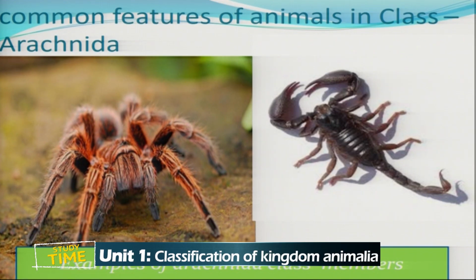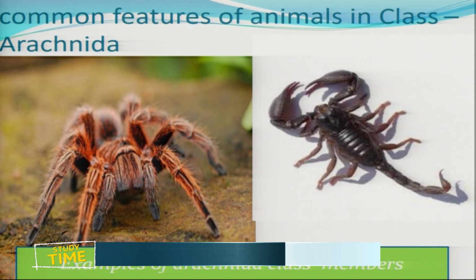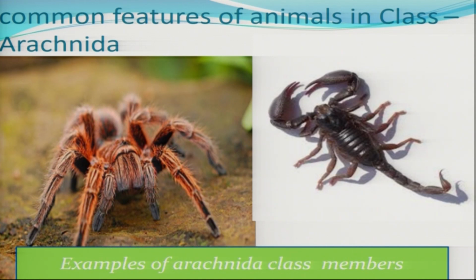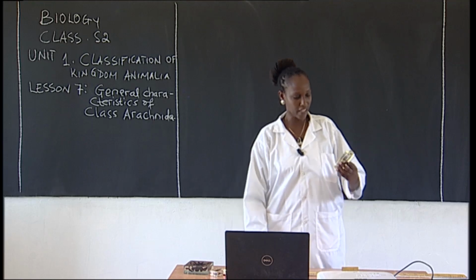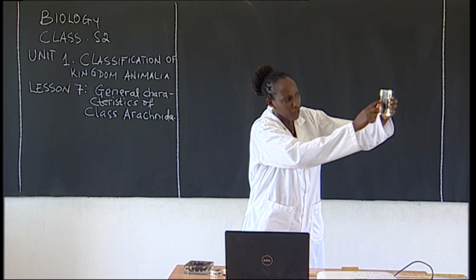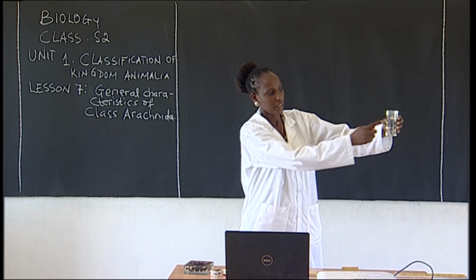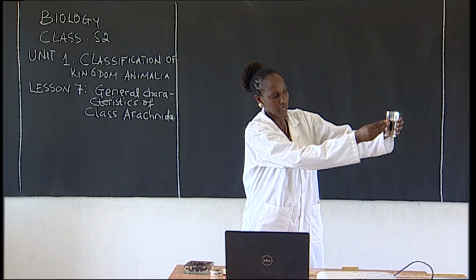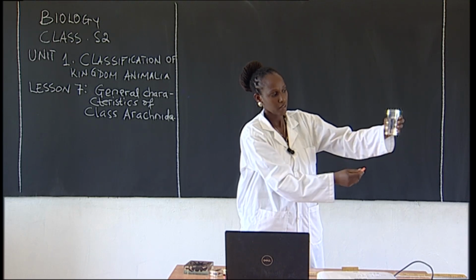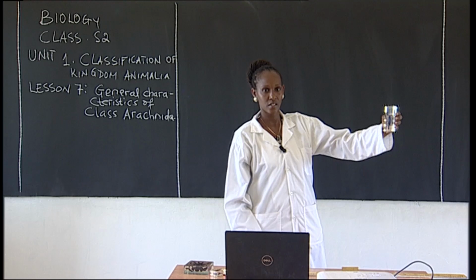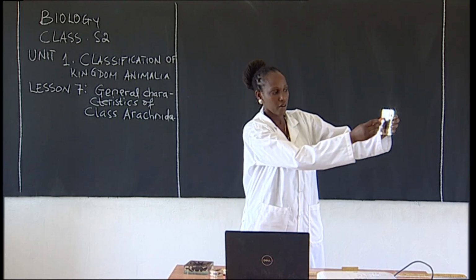So based on this picture, the scorpion has got 2 body parts. To clarify, if you look very carefully here, you will see it has one body part from there up to here, and from here downwards.